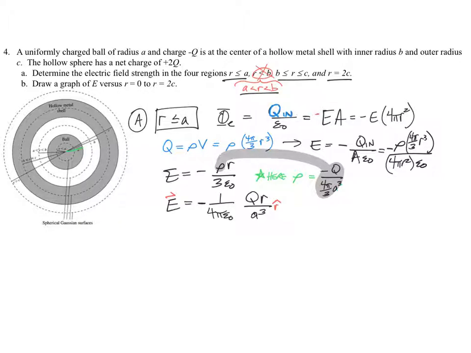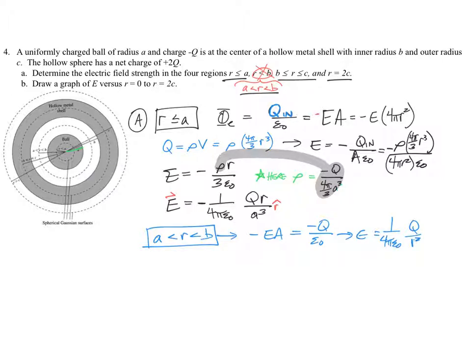All right. What about the region a less than r less than b? Well, once again, we're going to have a negative EA, direction of things going. This is going to be a minus Q per epsilon naught. And so this means that our electric field is just going to give us that Coulomb's law thing back: Q over 4 pi epsilon naught r squared.